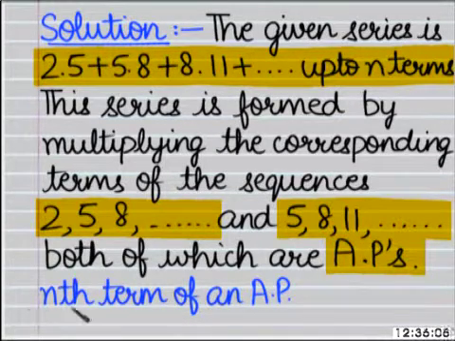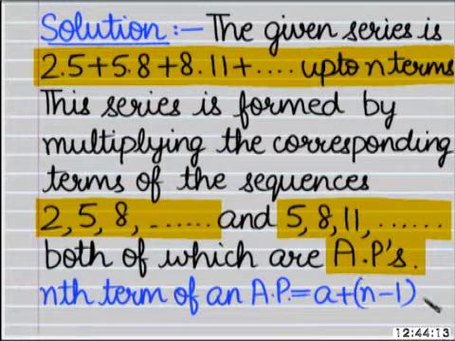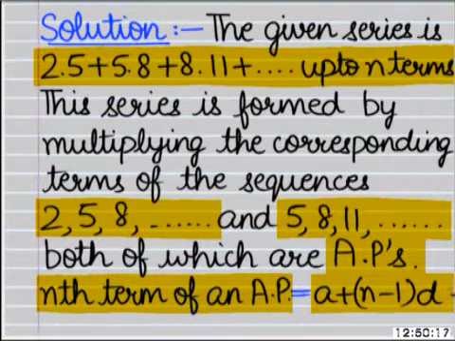Now, as we know that nth term of an AP is equal to A plus (n minus 1) into D, where A is the first term of an AP and D is the common difference.